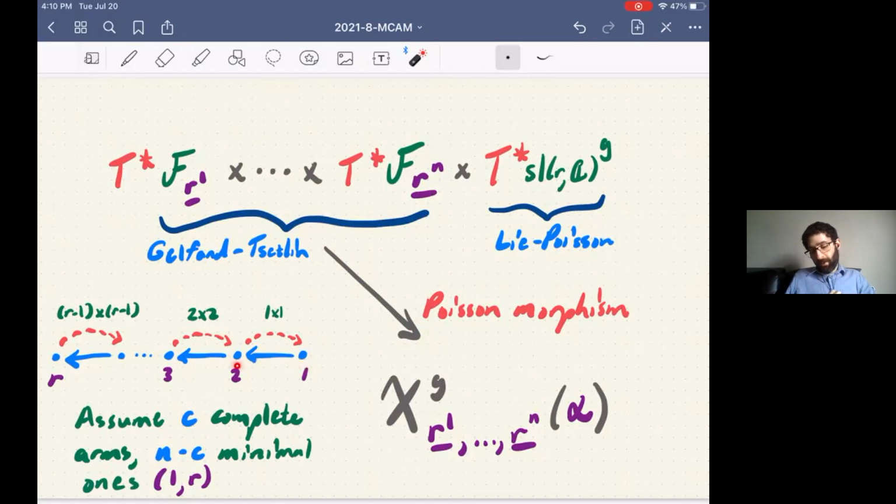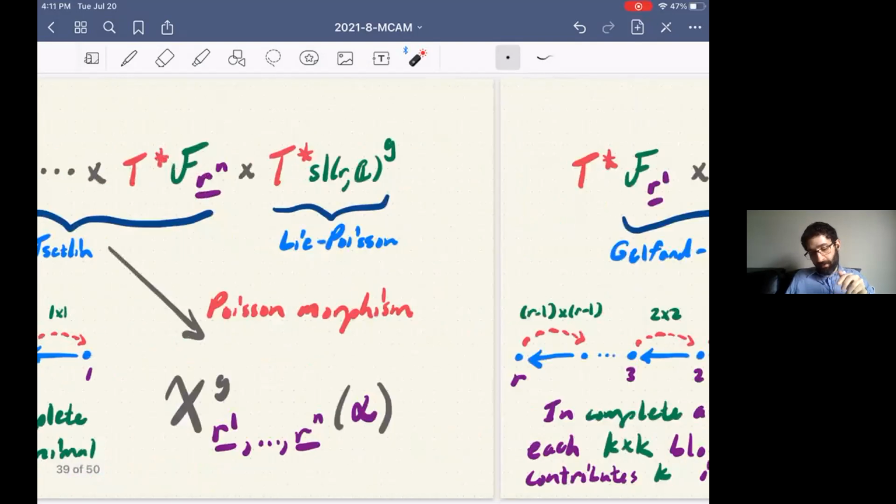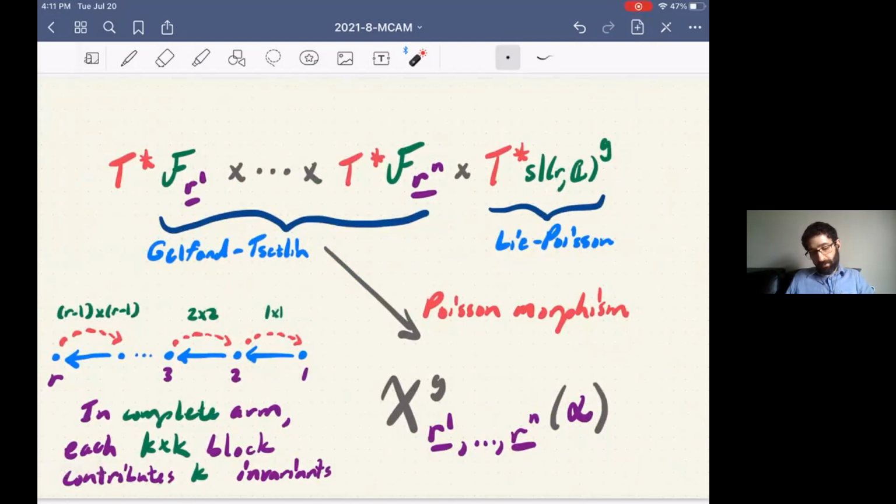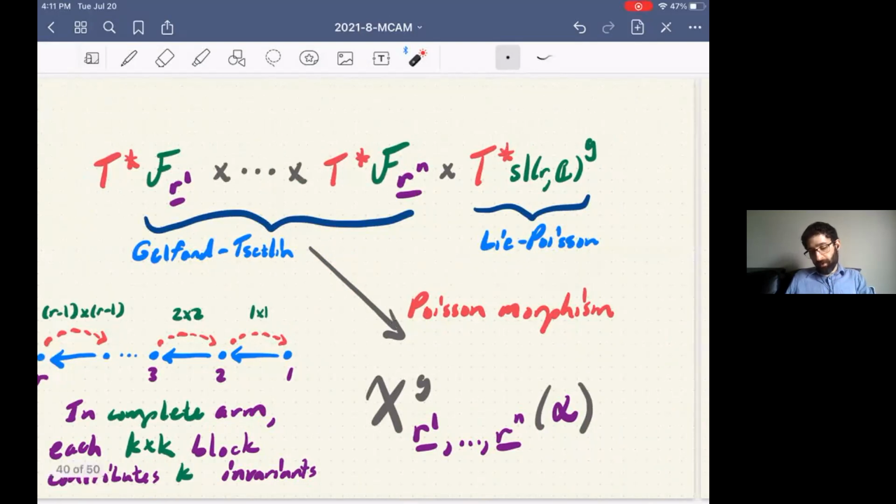And if I look at a complete arm, then I have various matrices, if you like, embedded in here, by looking at these compositions of blue and red arrows that are on top of each other. And these have certain matrix invariants in them. So in a complete arm, each of these K by K blocks contributes K invariants to the story.